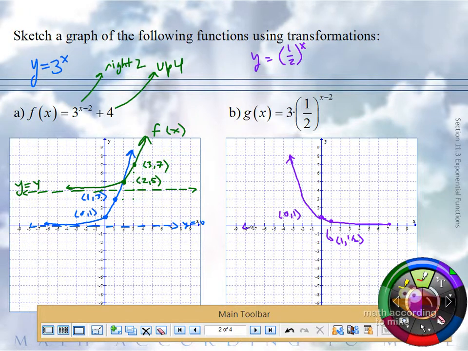And you have the horizontal line, y equals 0. Okay. What is the transformation going to do in order? Right 2.